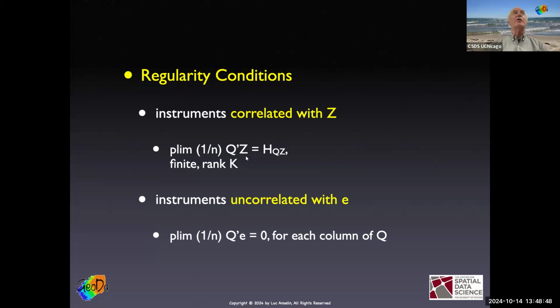And we're going to have to invert this matrix. So we have to make sure that it's full rank, and the rank is K. So the rank is the number of coefficients. So this matrix has to be a proper matrix that we can invert. It cannot be singular, which means that you have to be careful with some instruments, especially when you have things like what I call dummy variables.